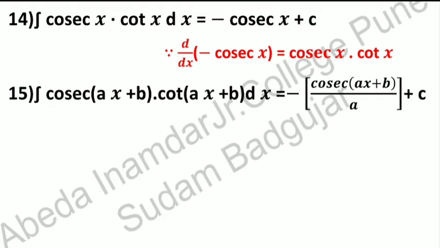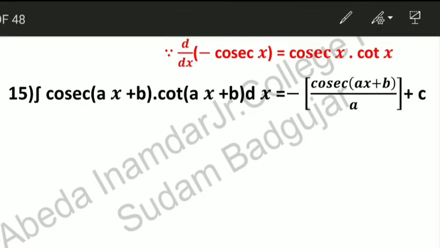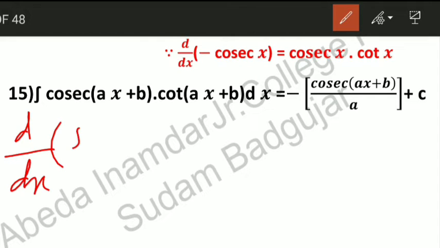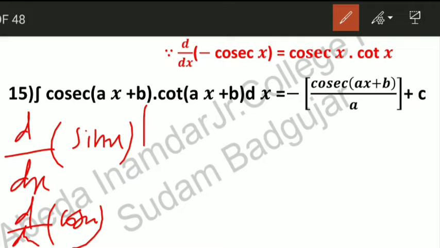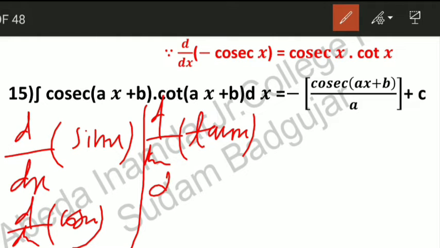Okay. Now here we have standard integrations. I want to show you: the derivative of sin x is cos x, so we get the integration of cos x. Again the derivative of cos x, then the derivative of tan x, then the derivative of cot x.